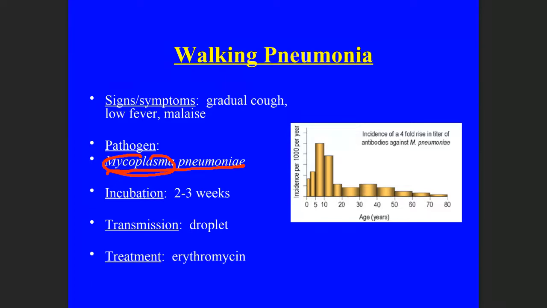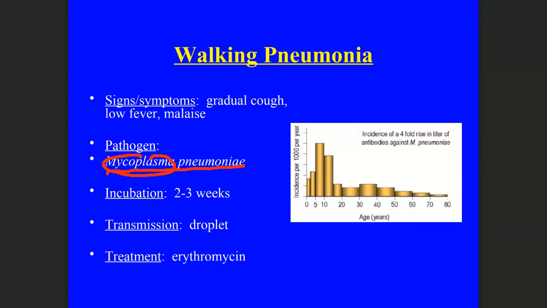Now, the reason it's called walking pneumonia is because a lot of the initial symptoms are so mild that these people don't really know what they're infected with, and so they're literally walking around with this type of pneumonia, not really knowing exactly what they have. There's a cough associated with it, but the cough is very dry and very mild, and it's just not very readily recognizable.